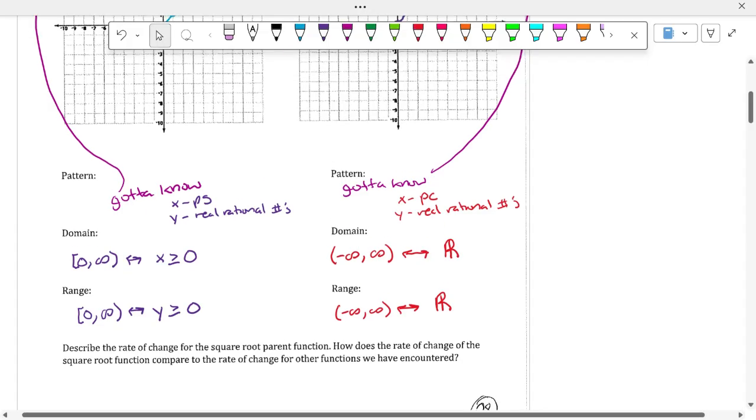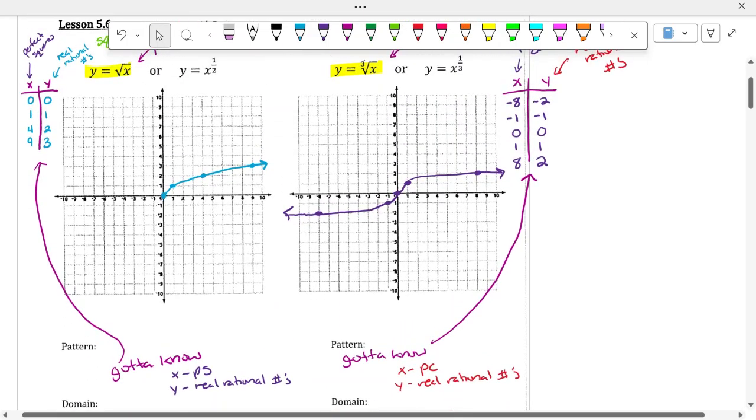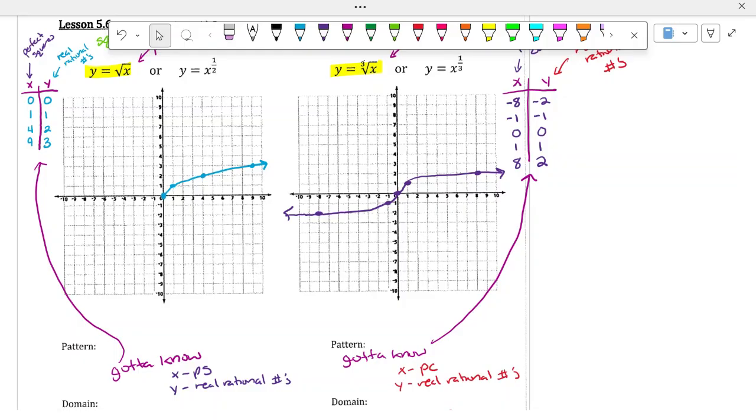Now, if we want to talk about the rate of change for the square root. So rate of change just means how fast it's growing. Compared to other functions that we've seen, what's true about the rate of change of this function? Is it going up faster or slower than functions that we're used to? It's definitely slower.